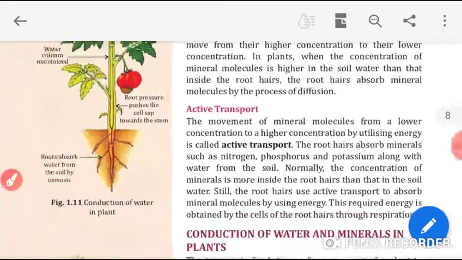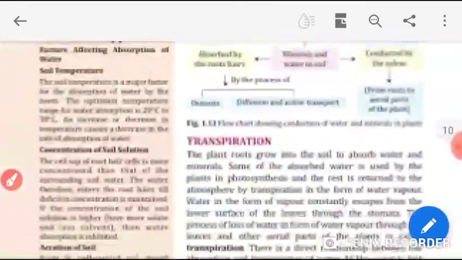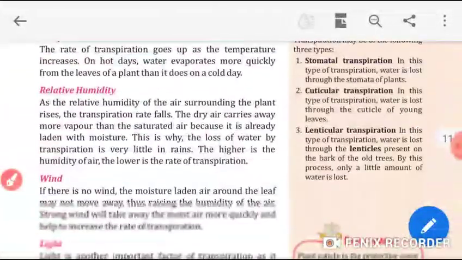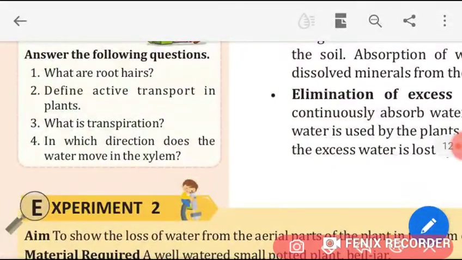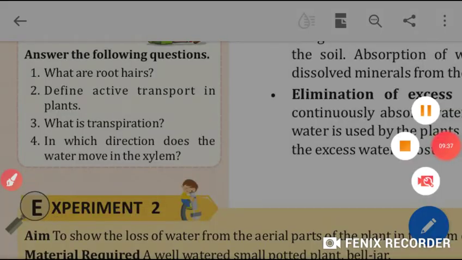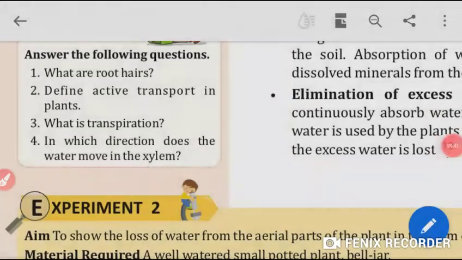Now come to your next question. What is transpiration? Students, this answer you will get on page number 10.